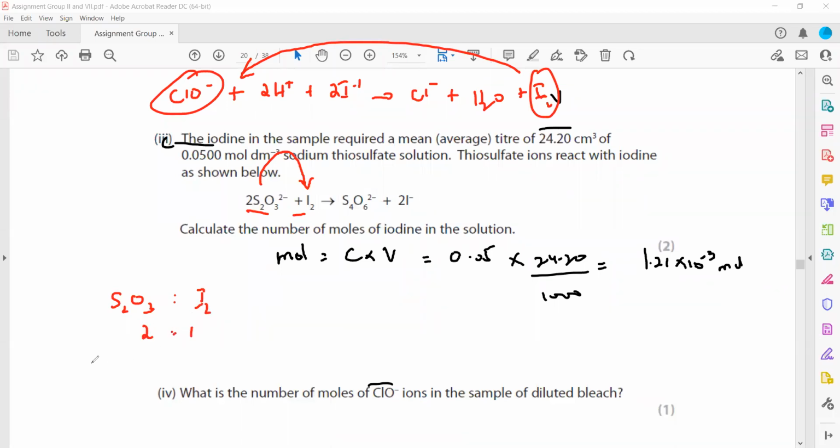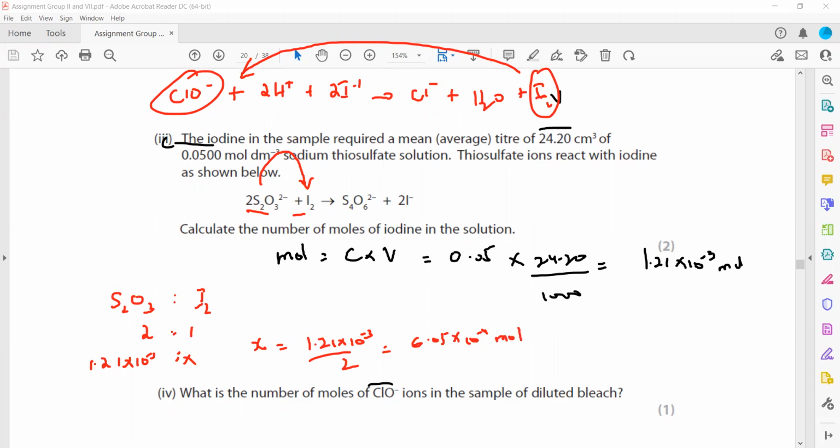So if we have 1.21 × 10^-3, then this will be x moles of iodine. When we cross multiply, this should be 1.21 × 10^-3 divided by 2. That will give us the moles of iodine. That is 6.05 × 10^-4 moles.